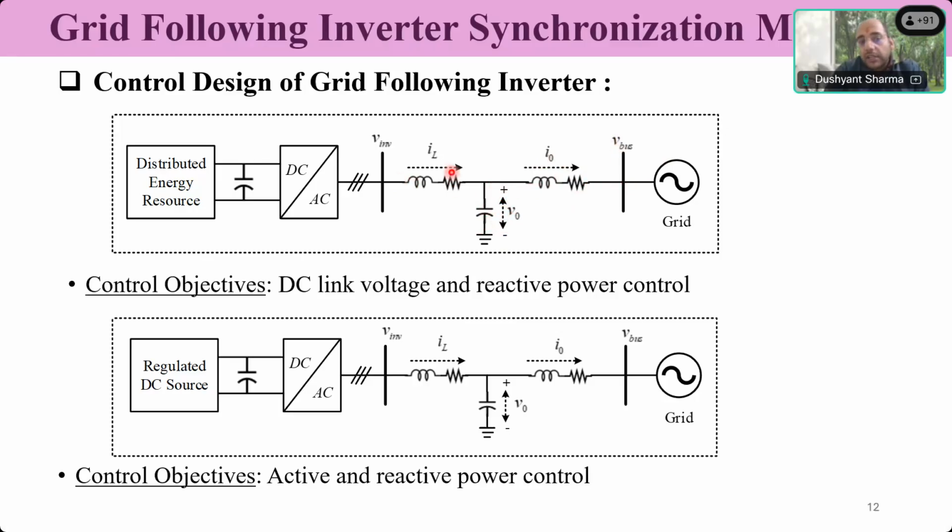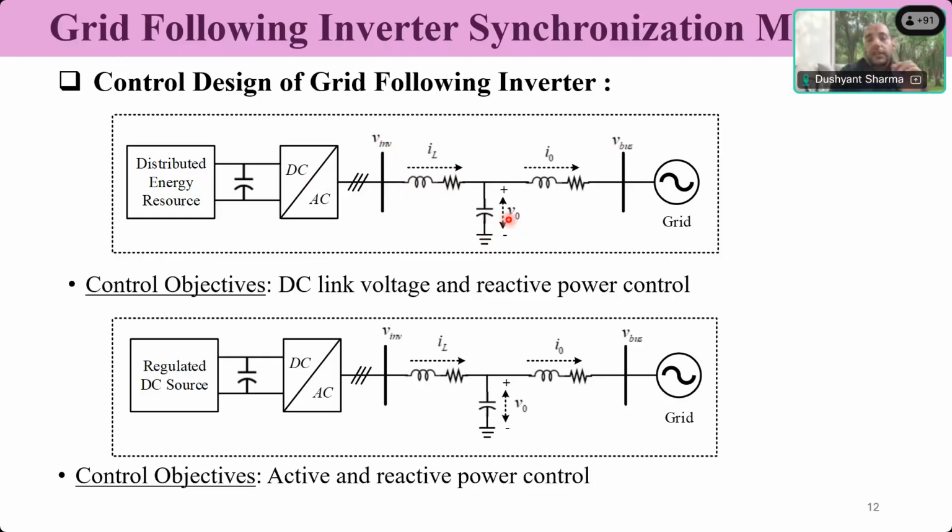Now, how much will be the current that will be flowing through the inverter? To change the current, we know we can change the inverter terminal voltage, because you know current always flows by the difference of the voltage. So we have to create a voltage difference between this terminal, which is the V inverter, and the V output. This voltage difference has to be created to have the current flow.